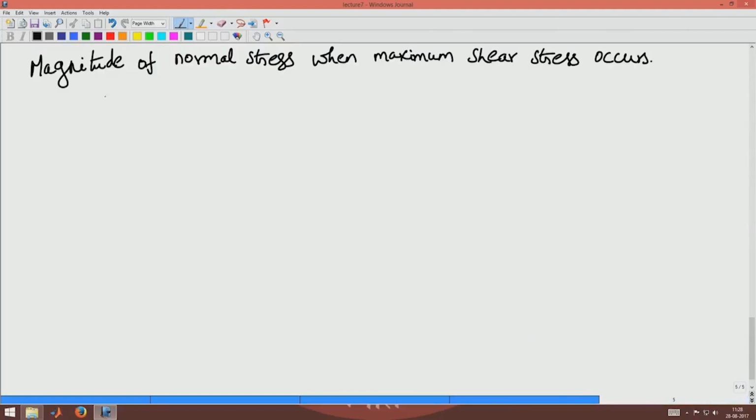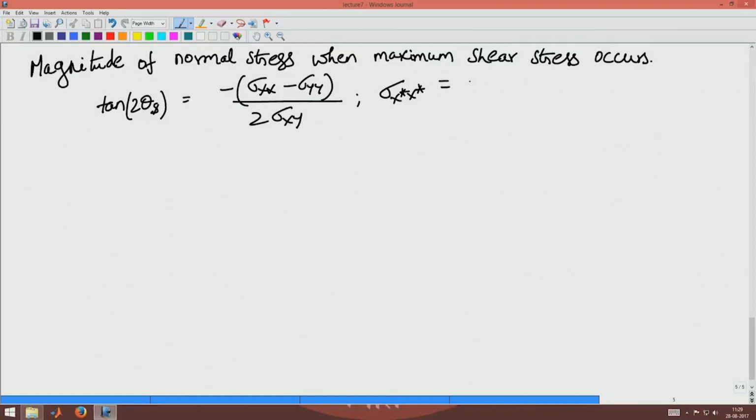Okay. So, I know tan 2 theta s is given by minus (sigma xx minus sigma yy) by 2 sigma xy, and the normal stress sigma x star is (sigma xx plus sigma yy) by 2 plus (sigma xx minus sigma yy) by 2 cos of 2 theta plus sigma xy sin of 2 theta.